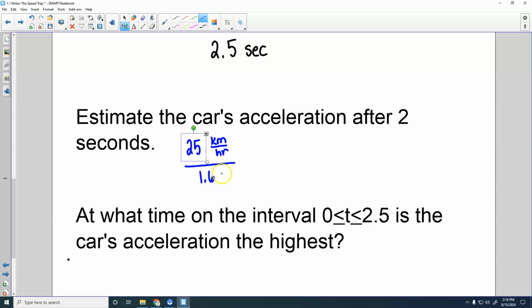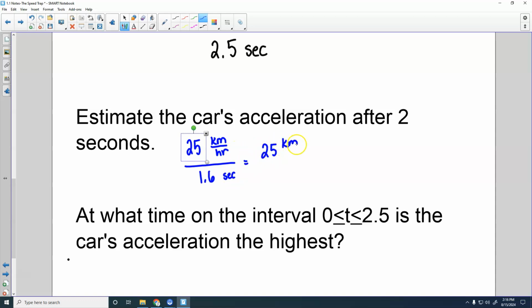Oh gosh. If I've got kilometers per hour and then I put seconds here, I really don't want that, right? Because I'm going to end up with kilometers per hour per second, which is not really what we want. We probably want kilometers per hour per hour. So let's change that seconds to hours first.